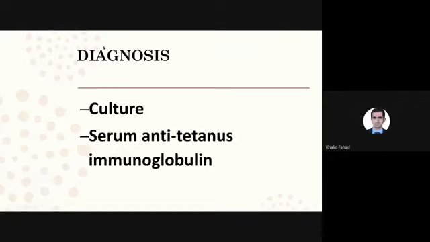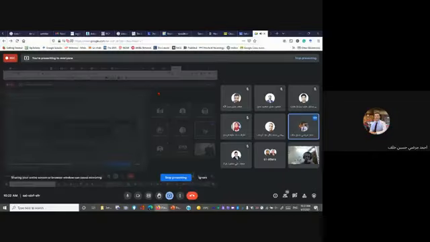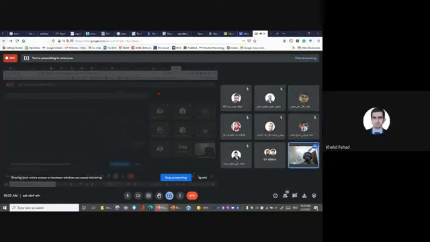How can we diagnose it? Culture? What do you expect is the best method to diagnose tetanus? If we get a patient with tetanus, what is the best or the rapid method to diagnose it? Doctor, isolation or serology? Doctor, the smear, because its shape is distinctive. Abbas, do you mean that you diagnose tetanus by the clinical features?